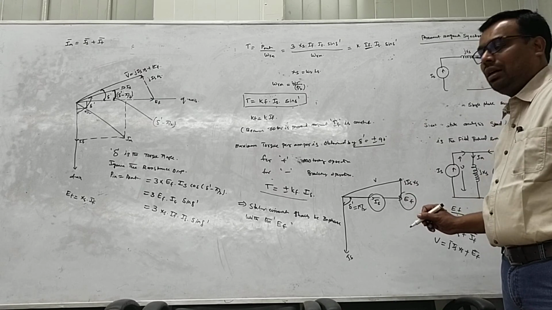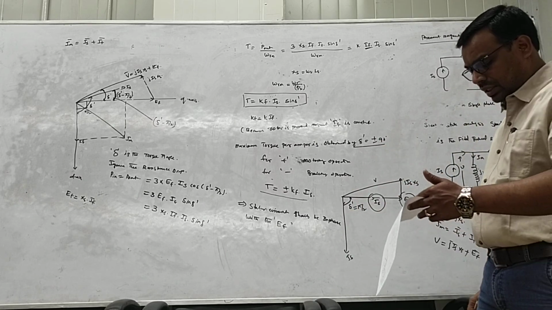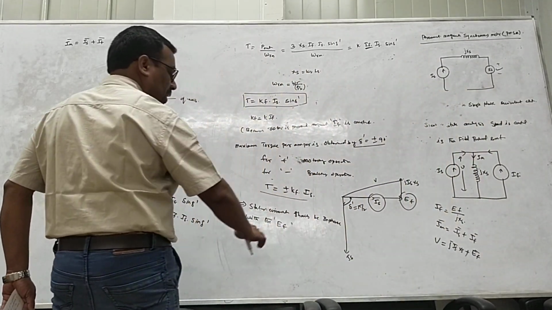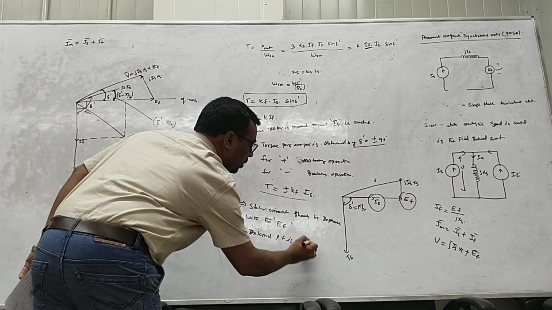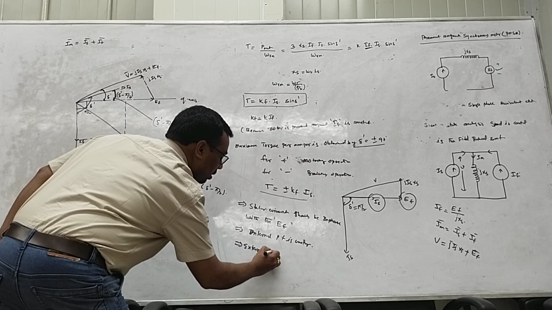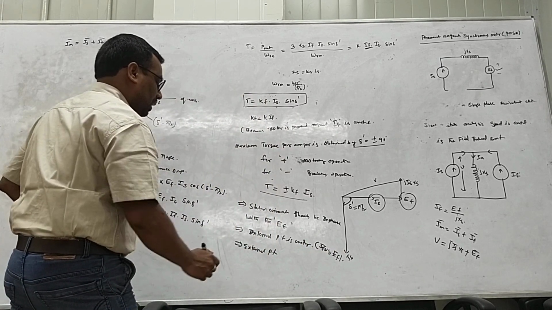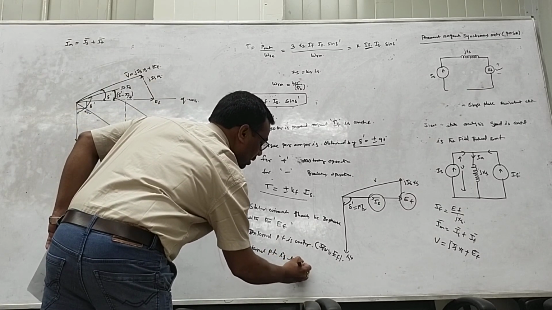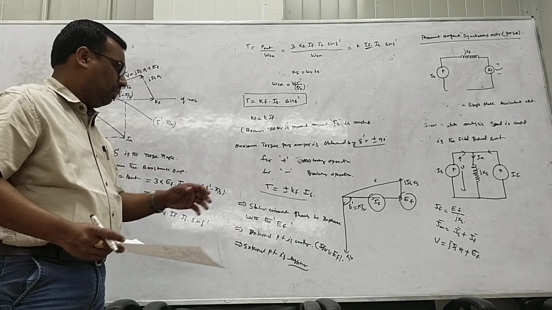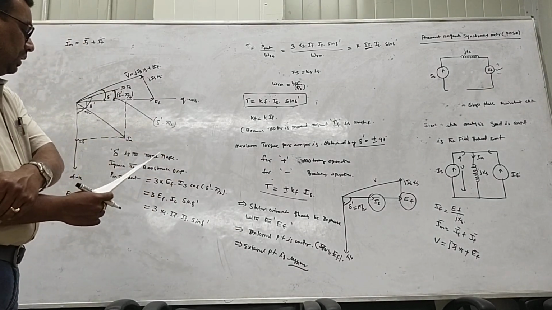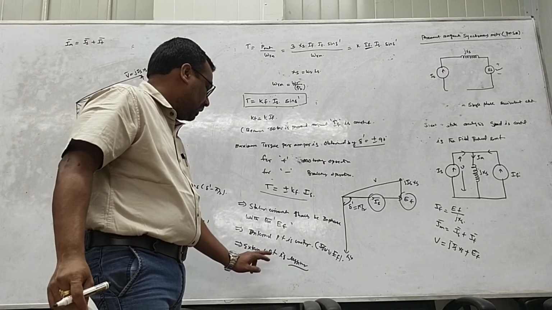So the internal power factor is unity, and the external power factor is lagging. Internal power factor means the angle between Is and Ef. This is what I can conclude here: the internal power factor is unity and the external power factor is lagging.